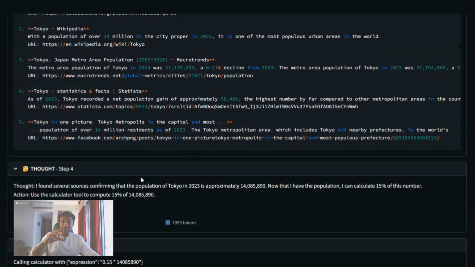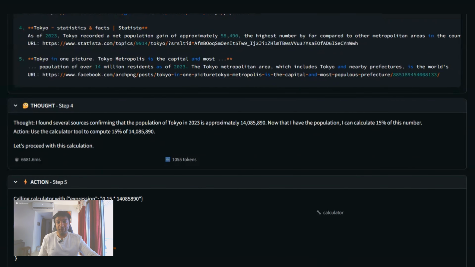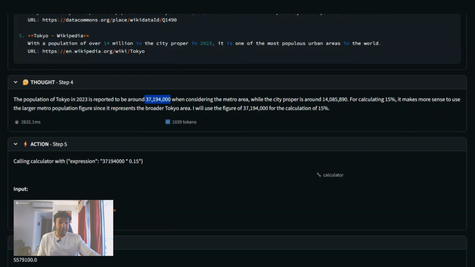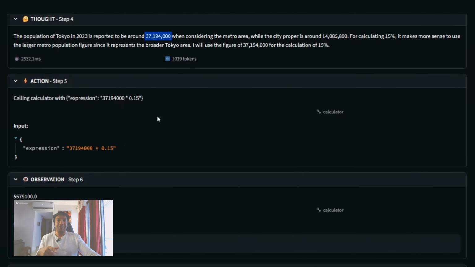With this much context, the LLM processes all those tokens and gives back, okay, I found several sources confirming that the population of Tokyo in 2023 is approximately this much. Now I have the population, I need to calculate 15%. And here we go, it again called a new tool, the calculator, to figure out 15% of this number.